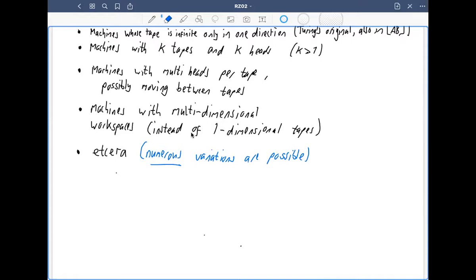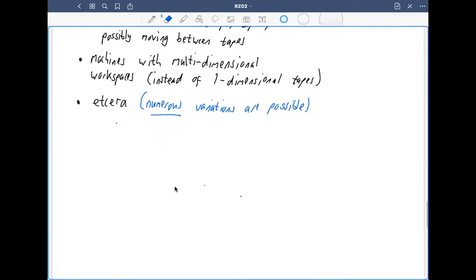So we might have 2-dimensional workspaces, or, since we're giving mathematical definitions, we could quite easily boost the number of dimensions and consider multi-dimensional workspaces instead of 1-dimensional tapes. And then I'll just leave this to your imagination. One could make other kinds of adaptations too.